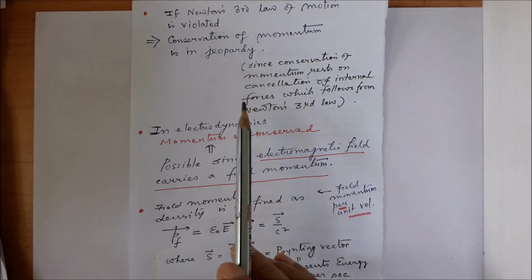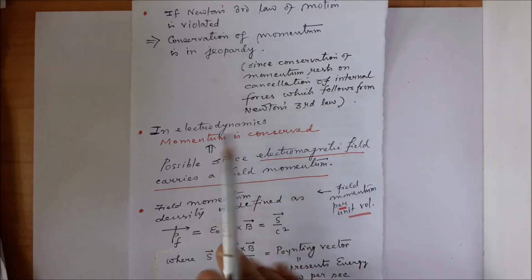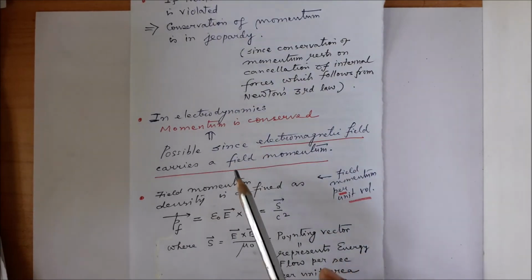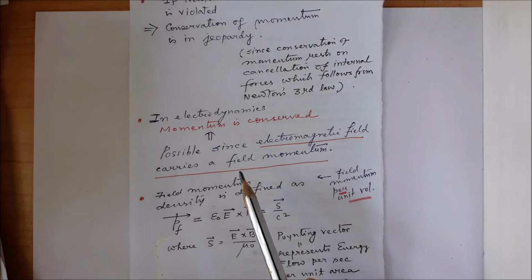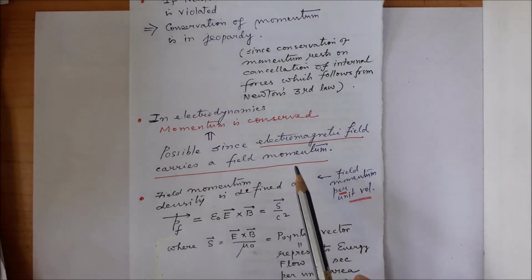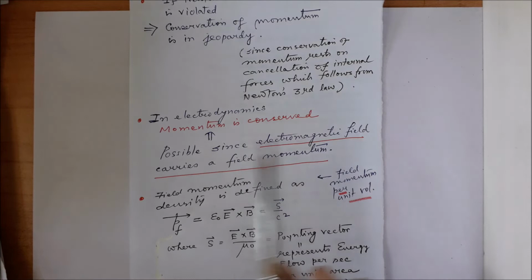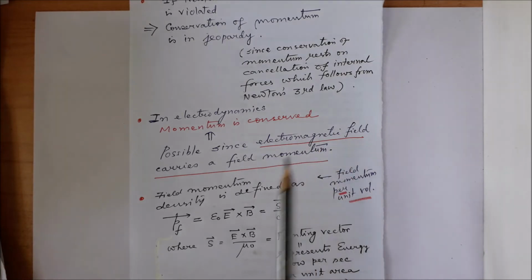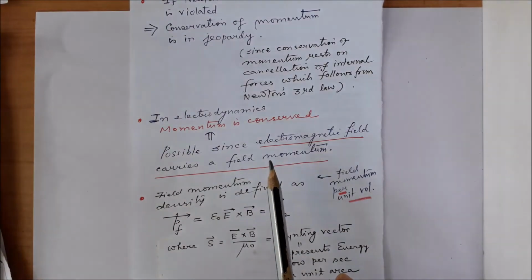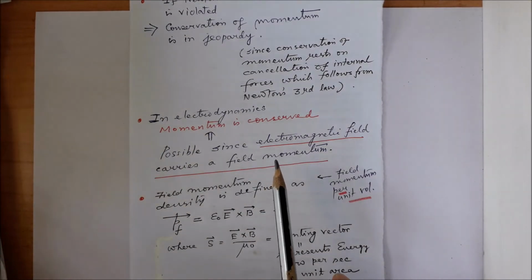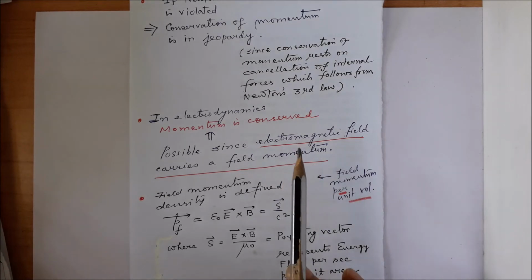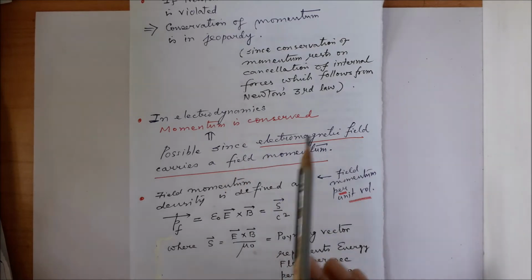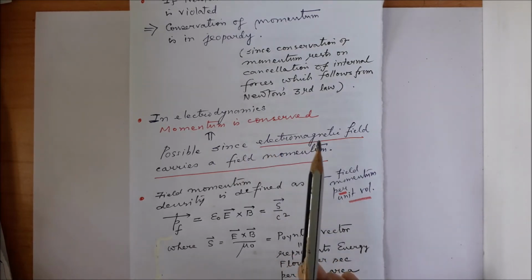Let us now speak about how momentum is conserved in electrodynamics. In an electromagnetic field, there is field energy, there is field momentum, and we are not discussing these things in detail here, but we should keep in mind that when we speak of a field, we refer to an influence, and that influence is there through energy and momentum of the field.